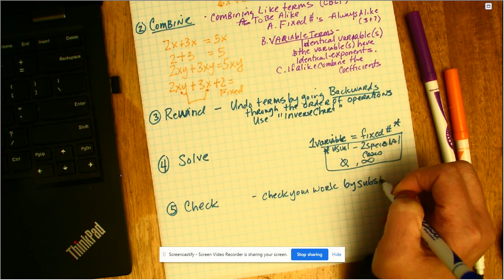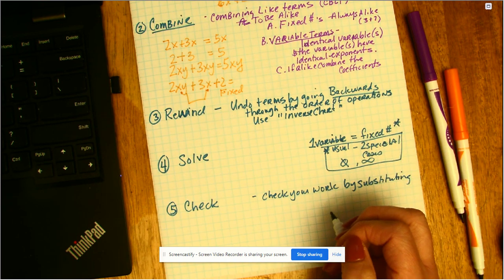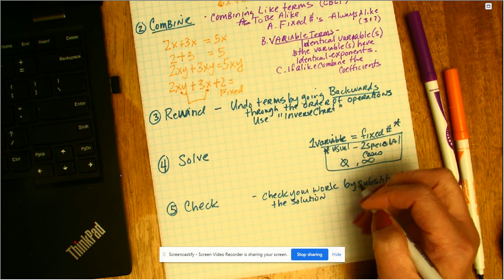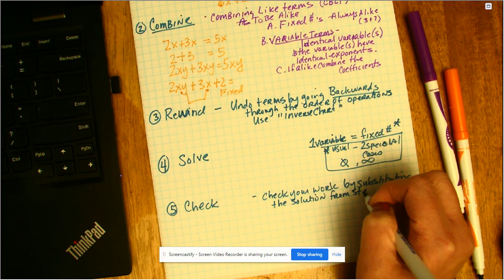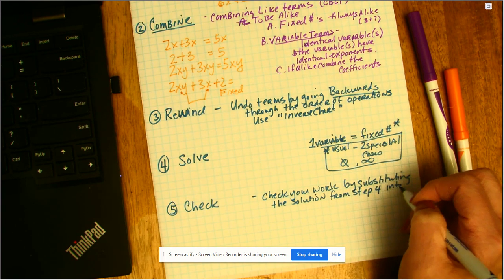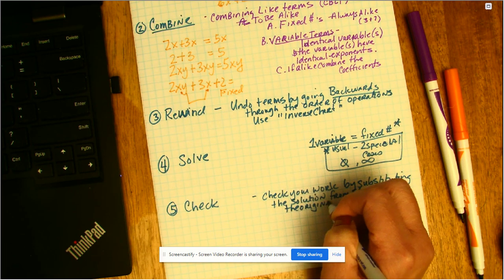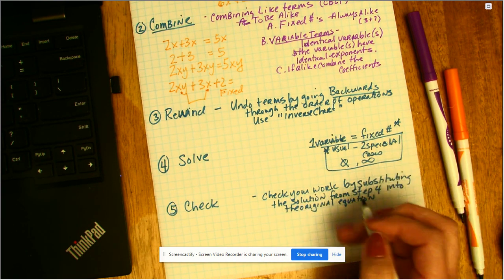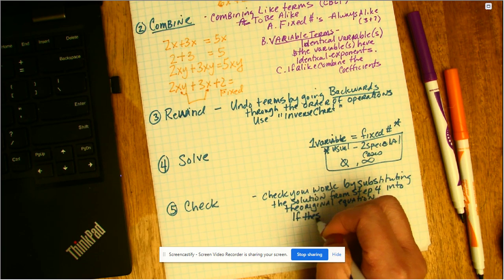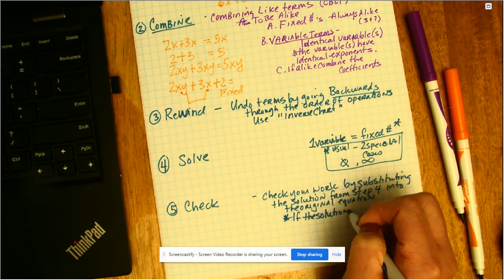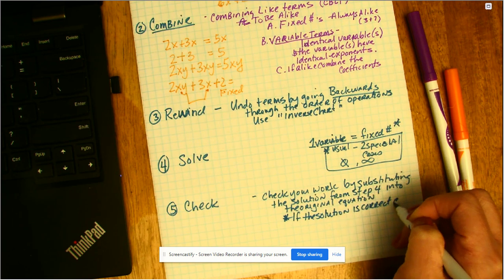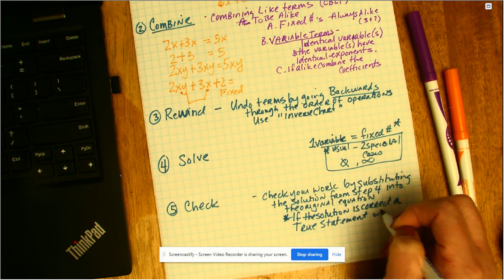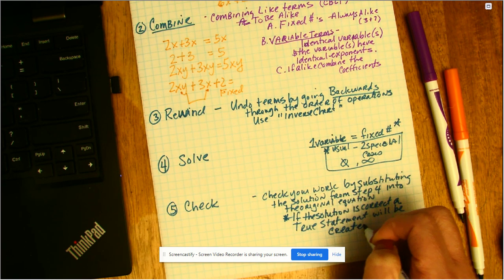By substituting the solution from step 4 into the original equation, if the solution is correct, a true statement will be created.